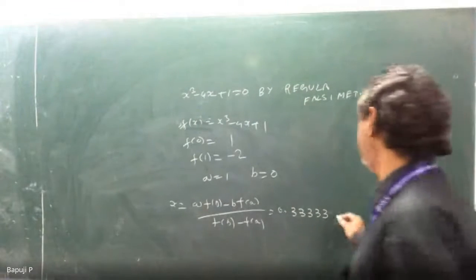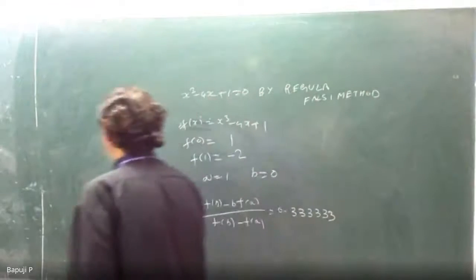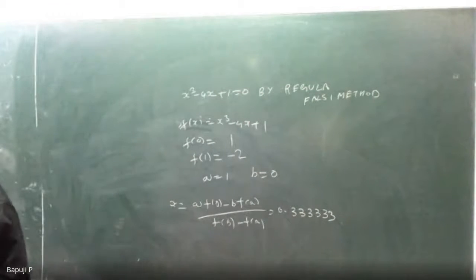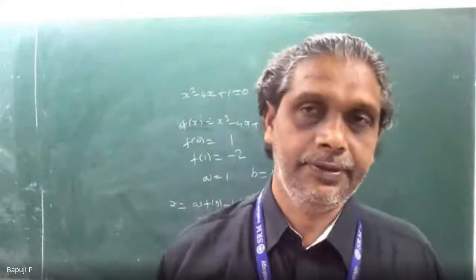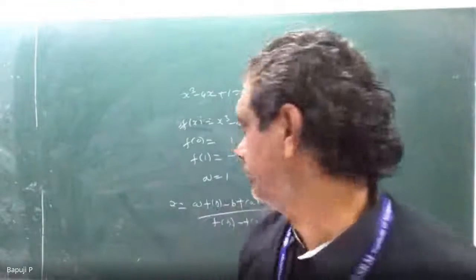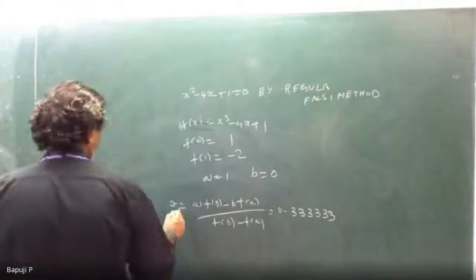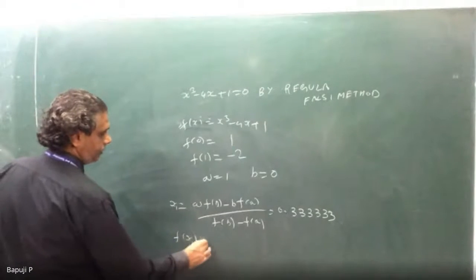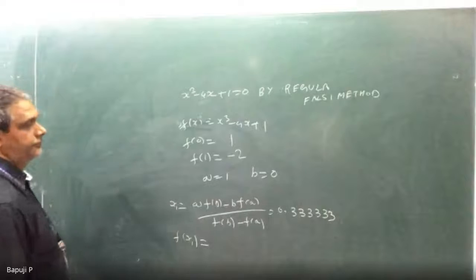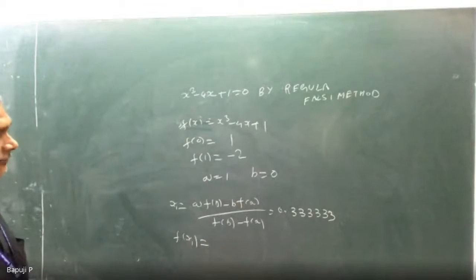Six decimal places. Now substitute and find the f of x1 value. What value are you getting? What is f of x1?